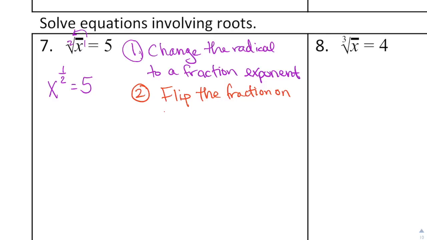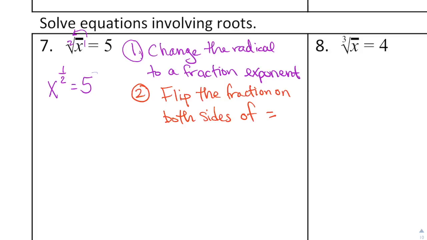You can pause that and write it down: flip the fraction on both sides of the equal sign. Then I'm going to show you how to do that.